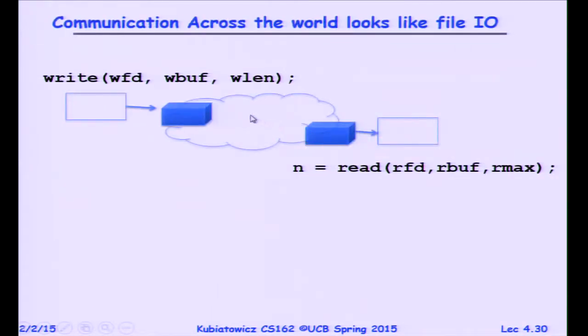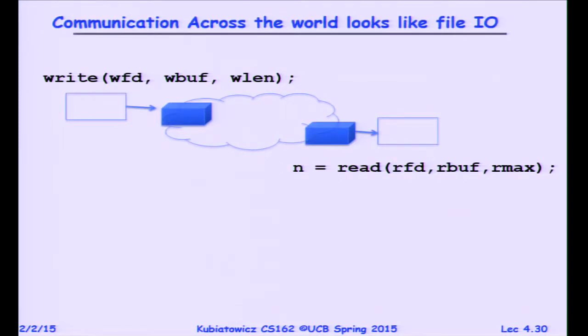So, suppose we put the internet in the middle, just because we can, right? So here's a cloud, and suppose we write into something, and we read from something, and the bytes magically go from here to here through magic. And as a result, process A, which is here, and process B, which is in Beijing, are communicating with each other.